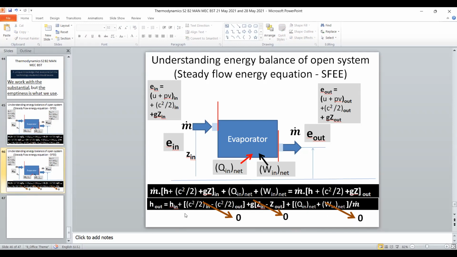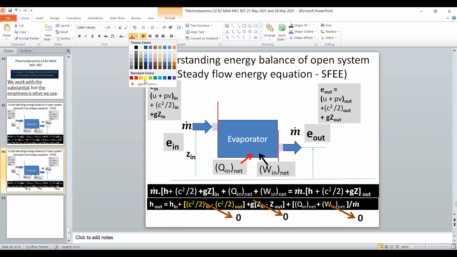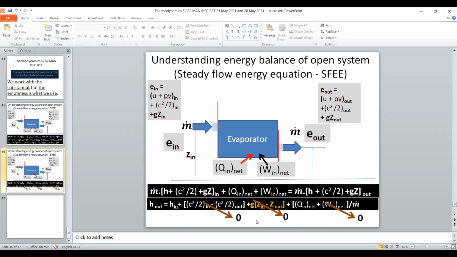So you imagine this entire potential energy difference negligible, and this W net negligible.